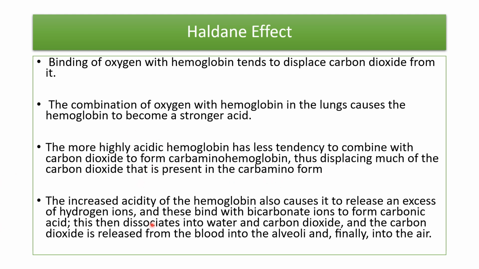This increased acidity of the hemoglobin also causes it to release an excess of hydrogen ions that were previously buffered by the hemoglobin proteins. When these hydrogen ions are released, they bind with bicarbonate ions to form carbonic acid again, which dissociates into water and carbon dioxide. And this carbon dioxide is released from the blood into the alveoli and finally into the air.